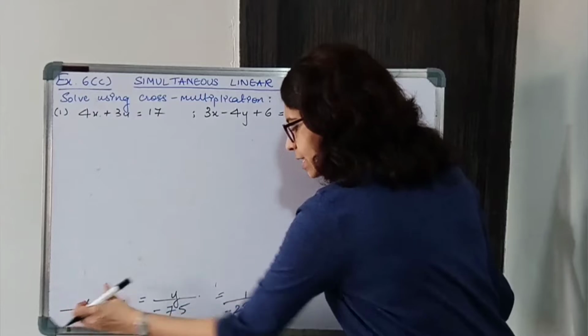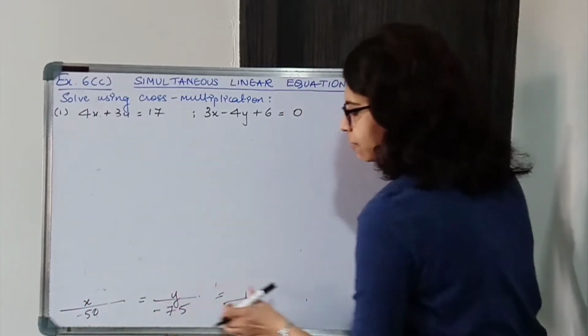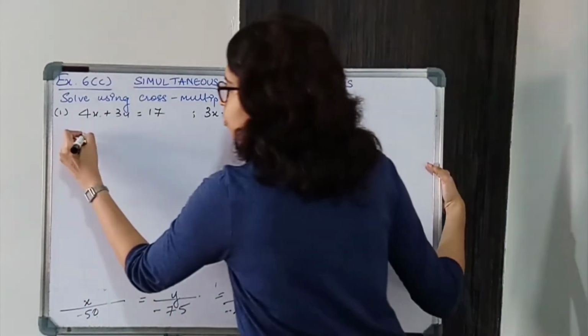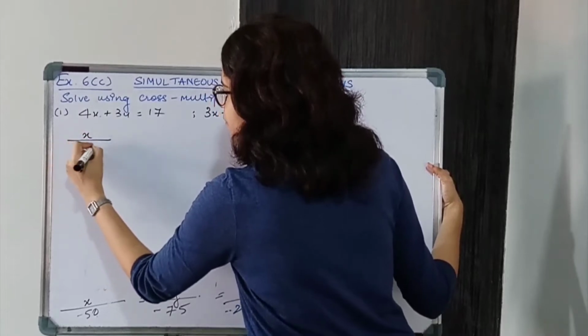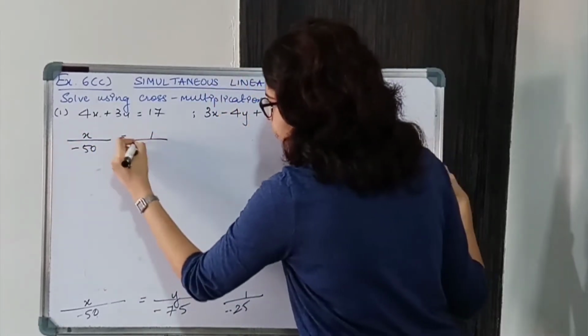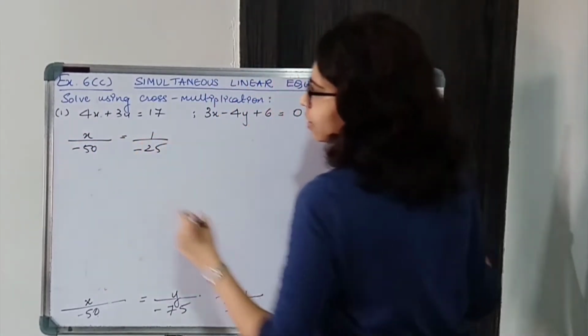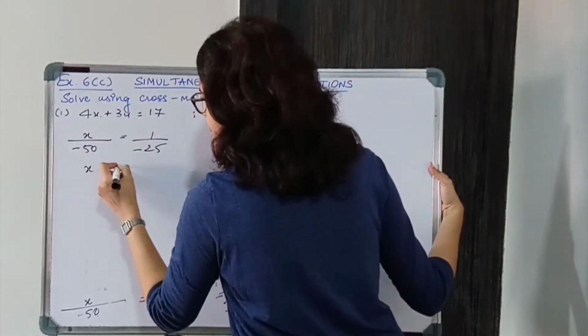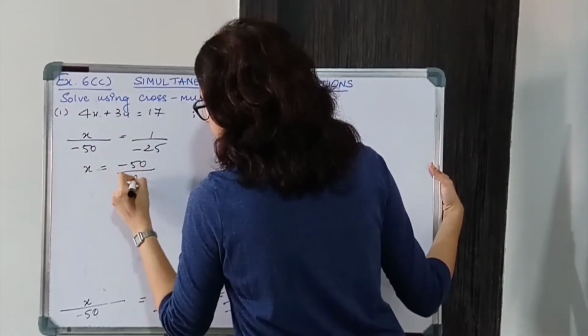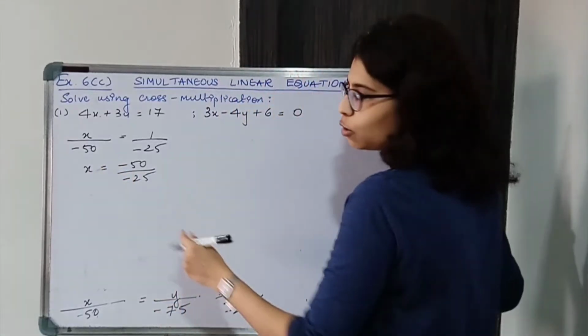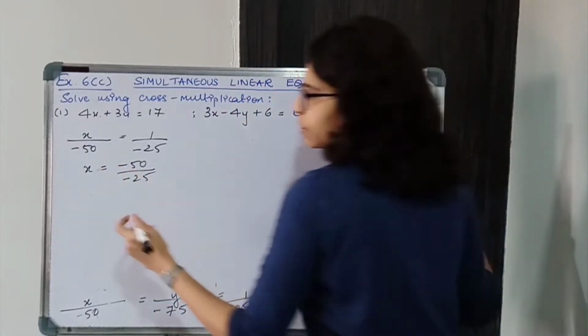So we'll equate x with the constant term and then y with the constant term. So x upon minus 50 is equal to 1 upon minus 25. So shifting 50 over here, minus 50 upon minus 25, don't cancel it out. Minus into minus gives positive.